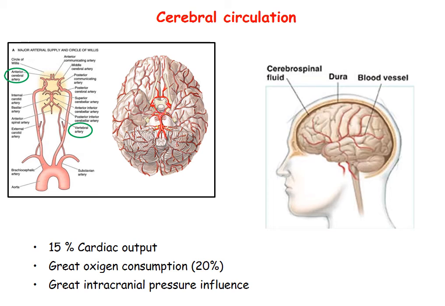This Willis polygon provides the blood to almost every area, and this special structure allows the brain to be always irrigated independently of whether we have a little shunt or a little clot in any area of the brain. Due to this great brain irrigation, the cerebral circulation receives almost 15% of the total cardiac output.